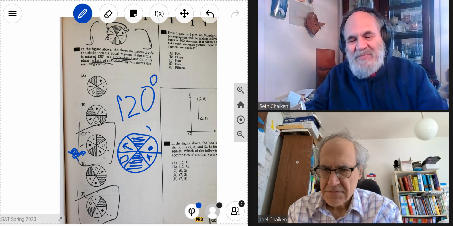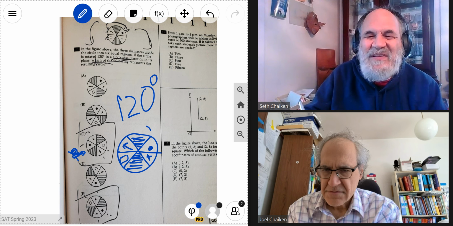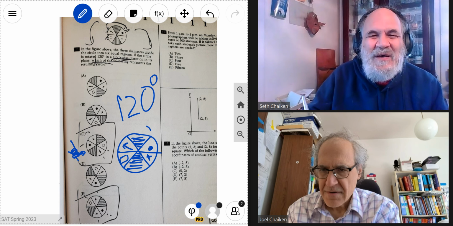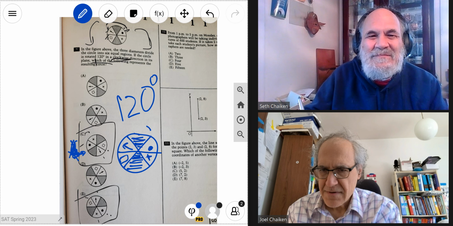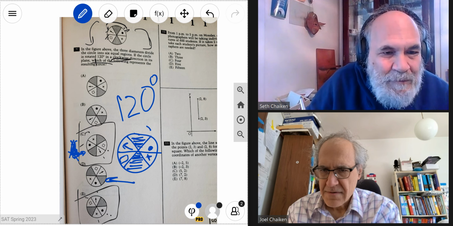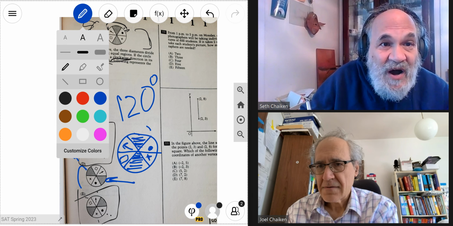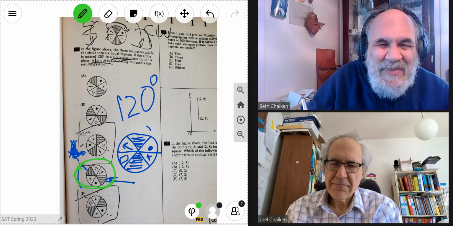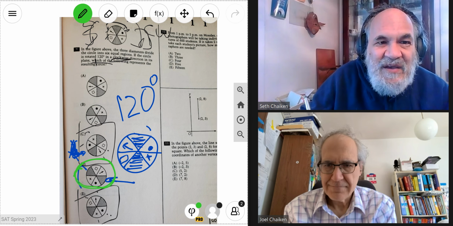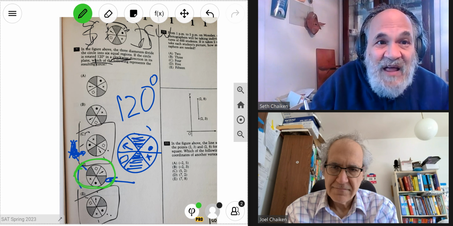In math, counterclockwise is conventionally positive, but they say clockwise. No, it's this one. Yeah, so clockwise is this way, right. The other way is positive. This way is negative and clockwise.